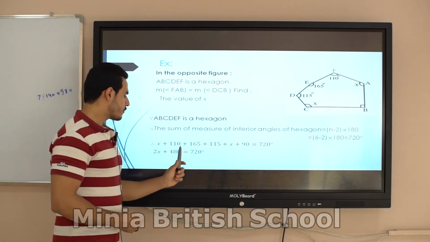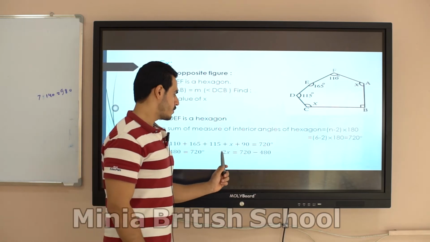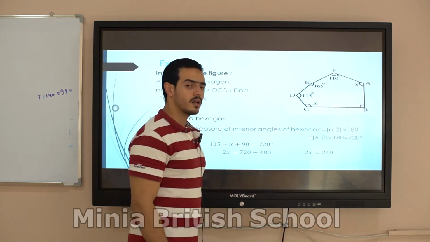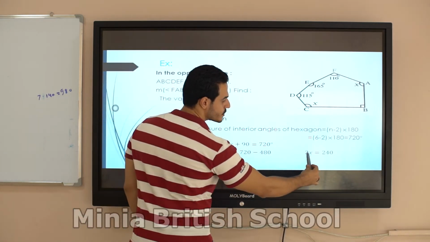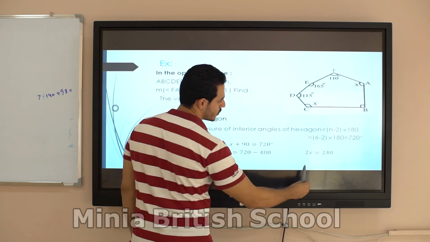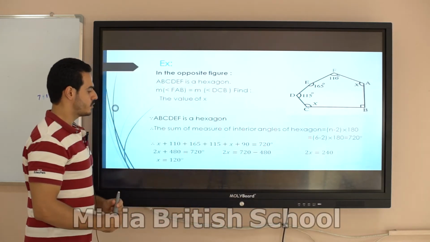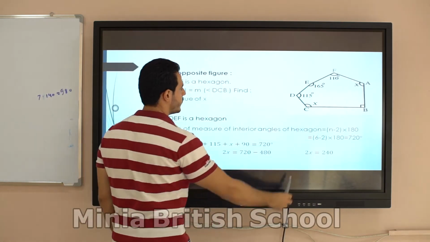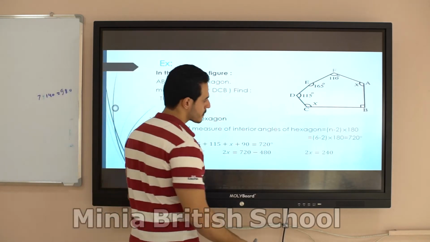Now I will subtract 480 from both sides. So you will see 2x equals 240. To find x, I will divide each side by 2. So 240 divided by 2 equals 120. So x here equals 120. Okay?